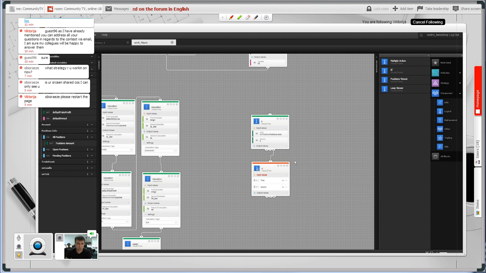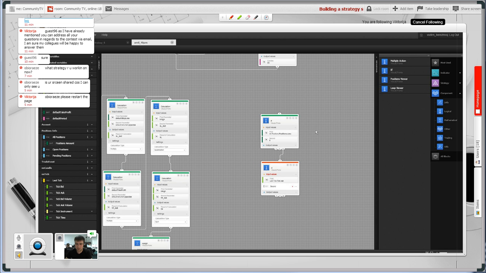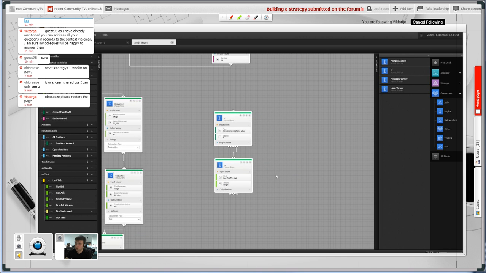We check the last tick, ask, and we compare it to the highest high level. If ask is below it, we open a pending order.